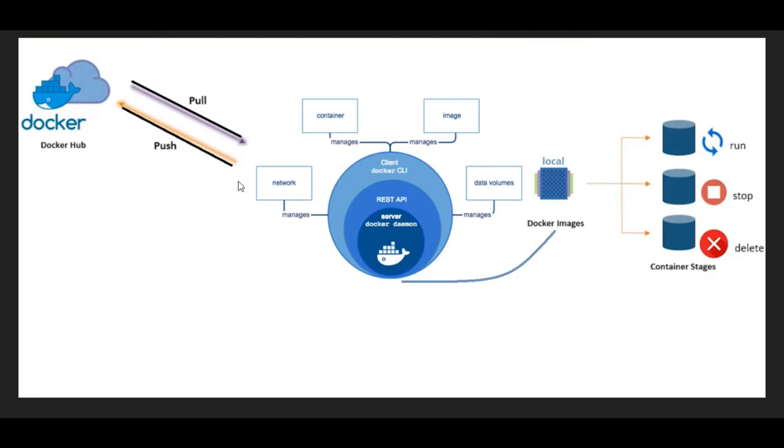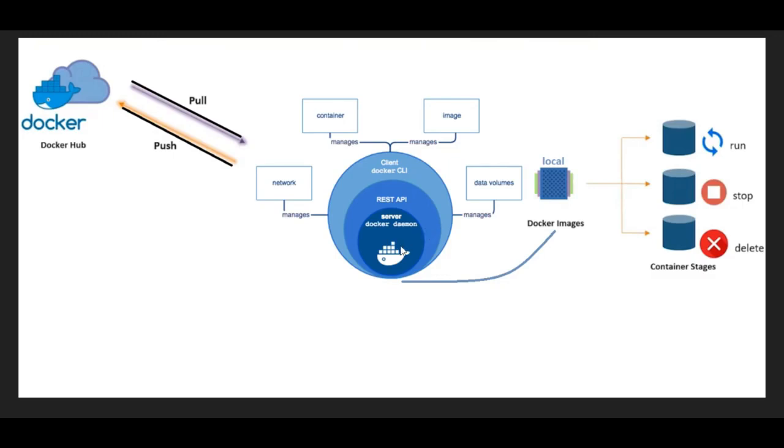After pulling the image, create a running instance of that image, which we call a container. Then execute the command that you want the container to execute. So step one, find locally, search in Docker Hub, pull it back into the local repository, create a container, execute the command in that container. That's how docker run worked.